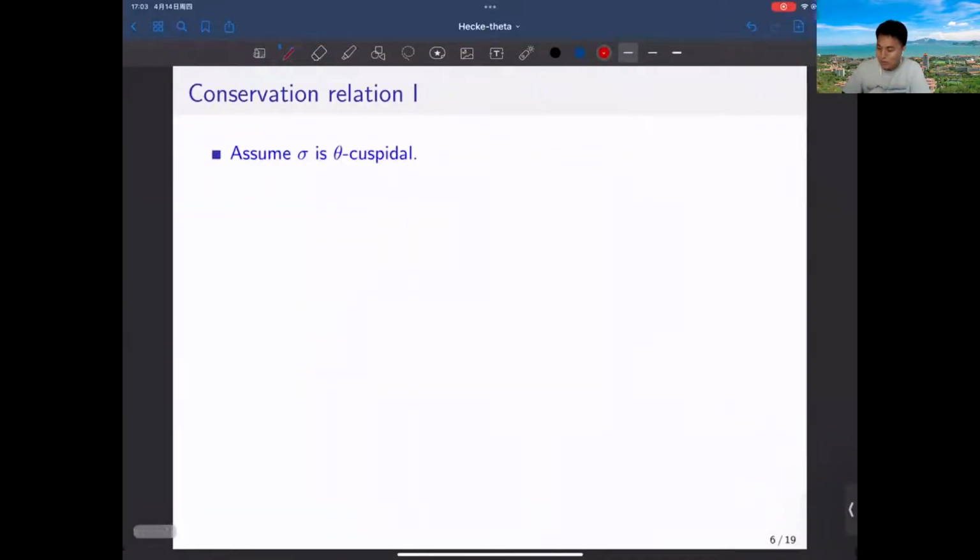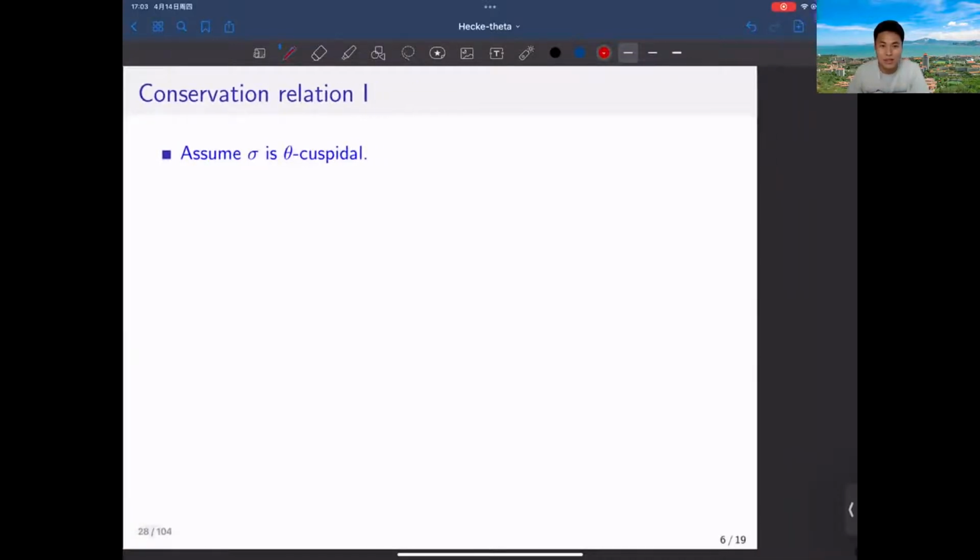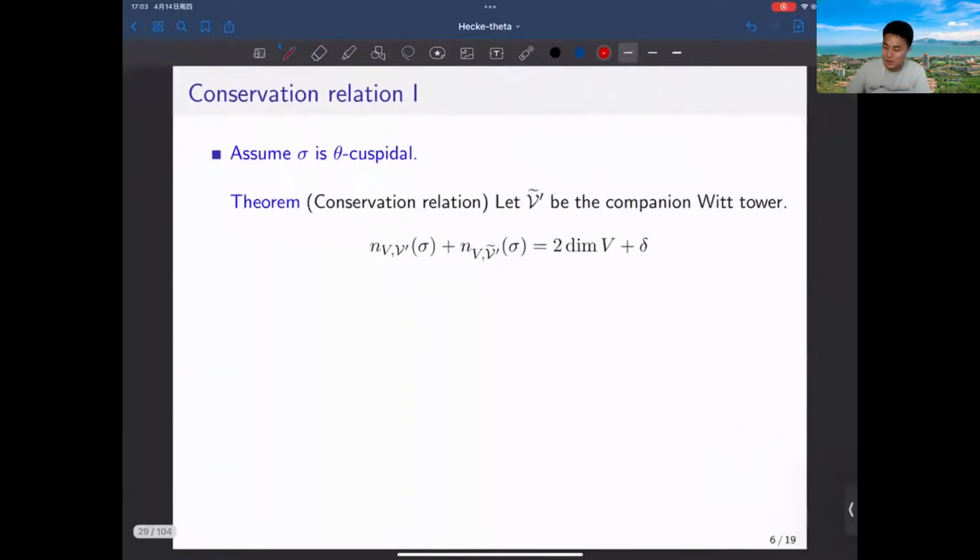Now let's assume sigma is theta cuspidal. Then we can have a very clean conservation relation.